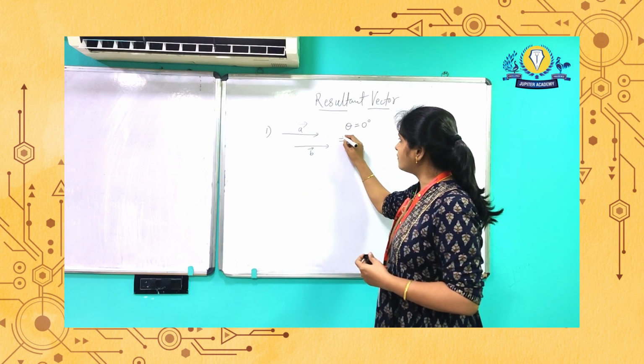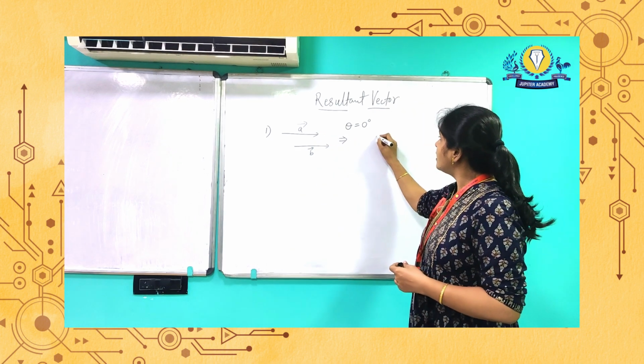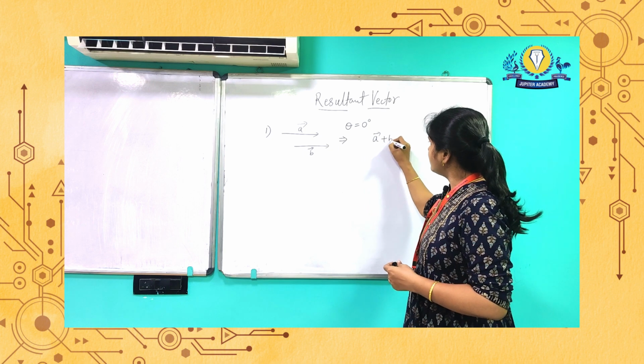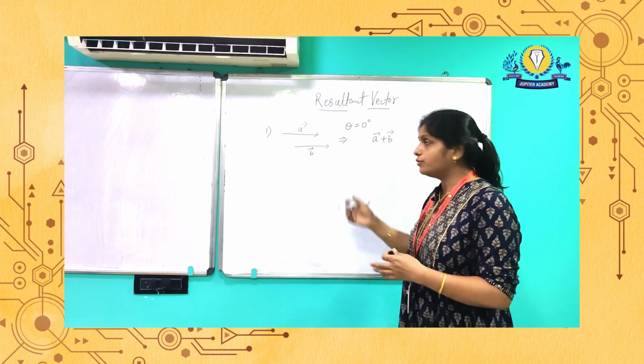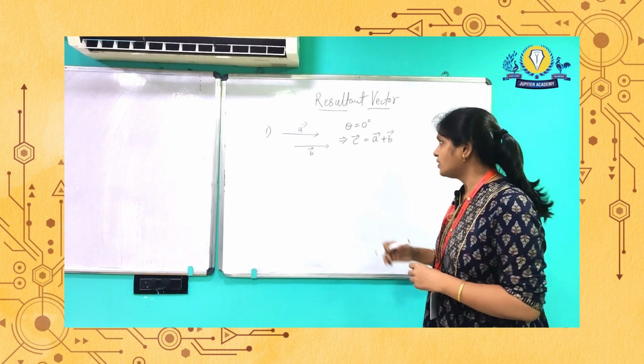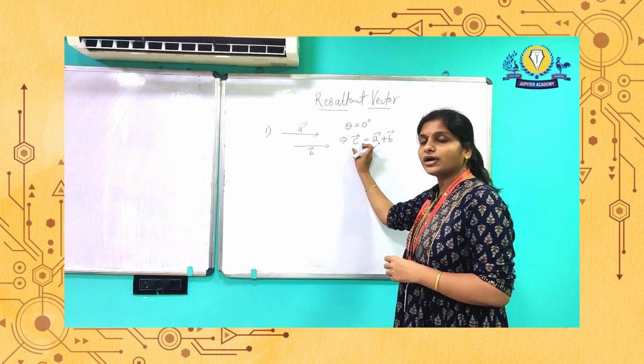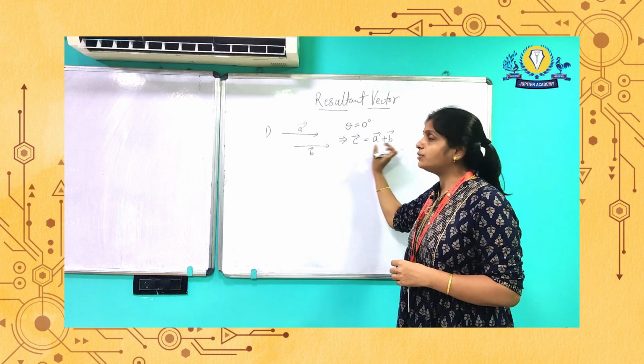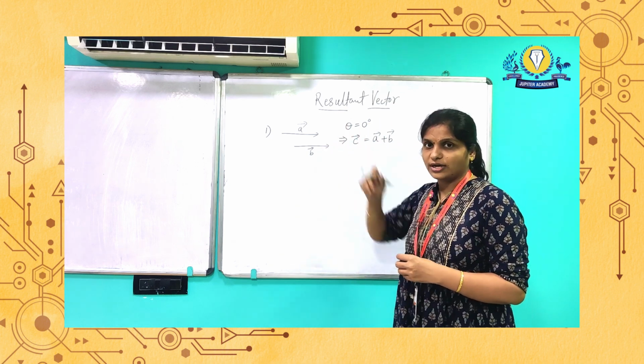So the combination of these two will be the A plus B vector. And we will get one new vector, that is your C vector. I gave one new vector named C vector which will be the combination of these two vectors.